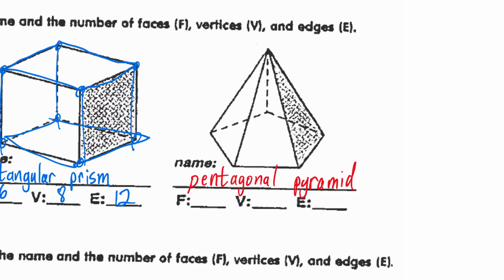It's got the 5 going around and then the one base, which, like I said, in this context we're considering a face. So it's got 6 faces, 6 planes, 6 flat surfaces. How many vertices? 6. There's 1, 2, 3, 4, 5, 6. How many edges? 10. 1, 2, 3, 4, 5, 6, 7, 8, 9, 10.